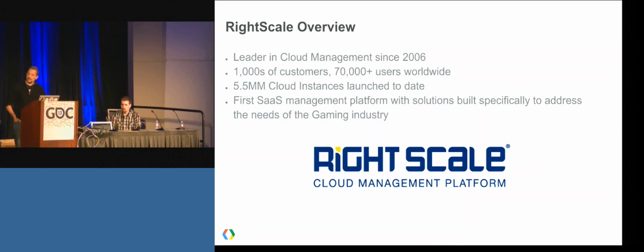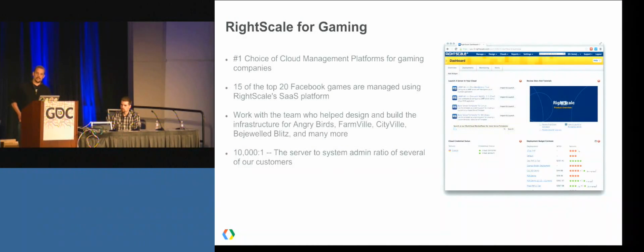RightScale is also the first SaaS management platform which has solutions built specifically for the gaming industry. And what that resulted in is that RightScale has become the de facto standard for running gaming infrastructure on the cloud. 15 of the top 20 Facebook games run on top of RightScale. Games like Angry Birds, CityVille, FarmVille all use RightScale as their management solution.